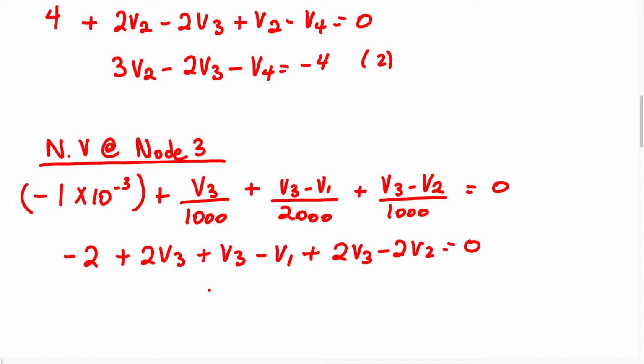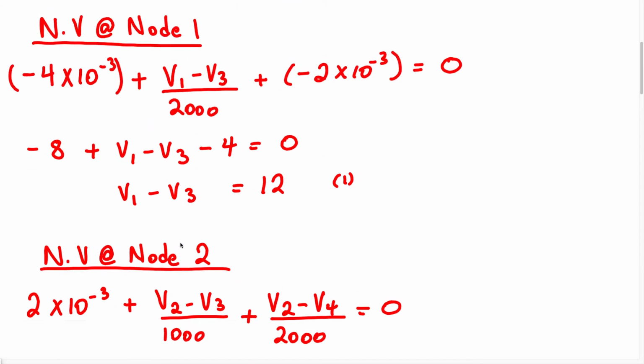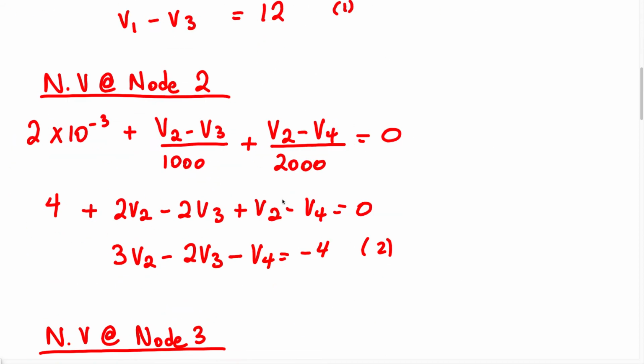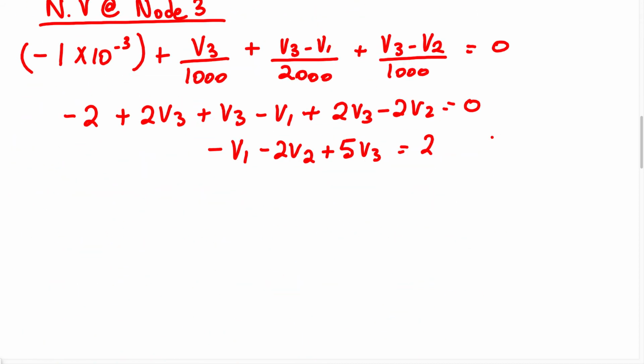So we're going to get negative V1 minus 2V2 plus 5V3 equals positive 2. Now let's do the node voltage at node 4, and then we'll solve for the unknowns from there. So you have the node voltage at node 4.